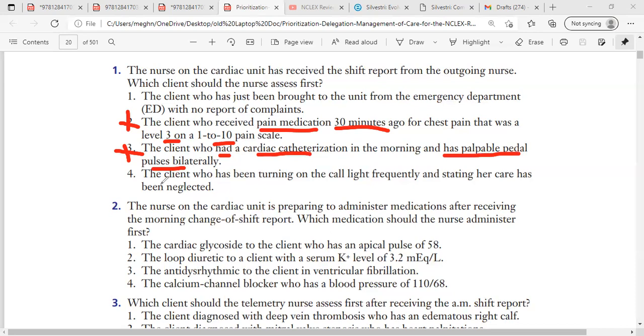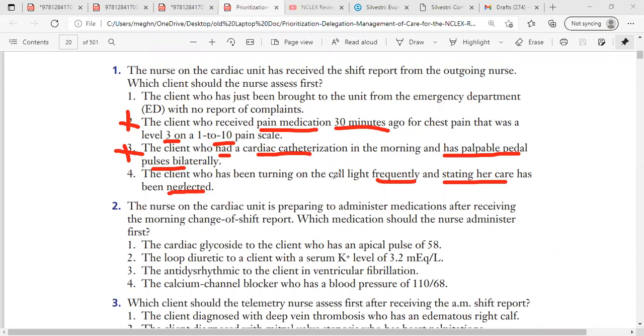Number 4, the client who has been turning on the call light frequently and states her care has been neglected. Someone is calling the call light frequently. Maybe the nurse went one time and the patient complained. It is difficult to make them happy. If you go a little bit late, the patient who is pushing the call light frequently will not die.